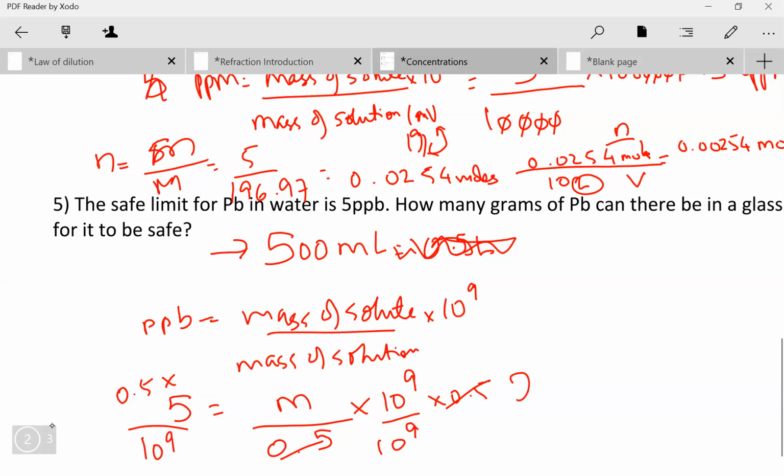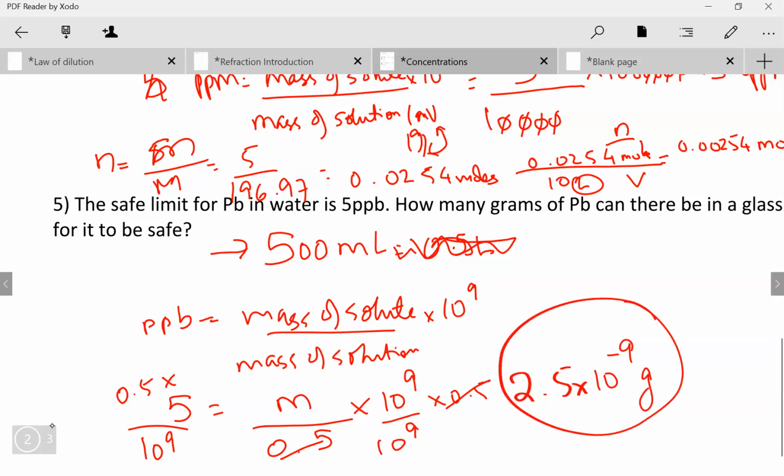So the answer would be 2.5 times 10 to the power of negative 9 grams of lead. And that's a really, really, really small amount of lead. That's basically no lead, essentially. Which is, it's like 0.0000000025 grams of lead, right? So that's an insanely small amount.